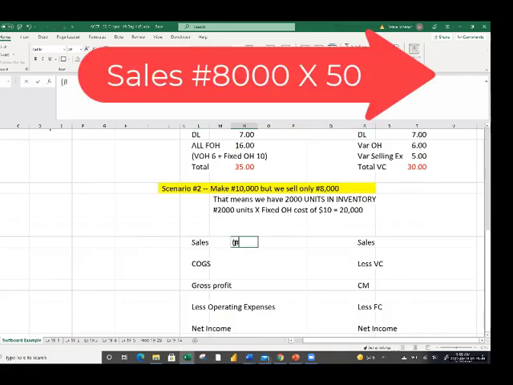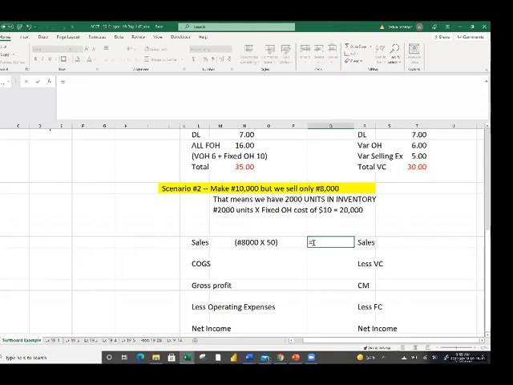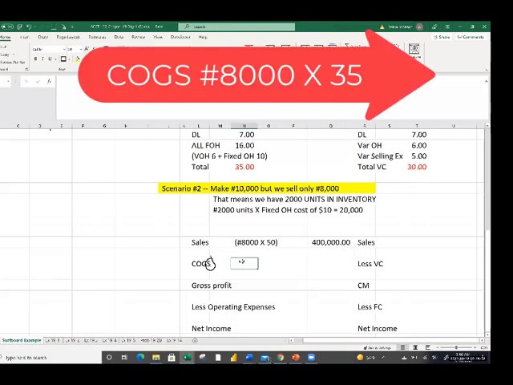So my sales are going to be 8,000 units at 50 bucks. Okay, let's go ahead and do that. 8,000 times 50 bucks. So my sales are 400,000. It says cost of goods sold. It does not say cost of goods made. It says cost of goods sold.